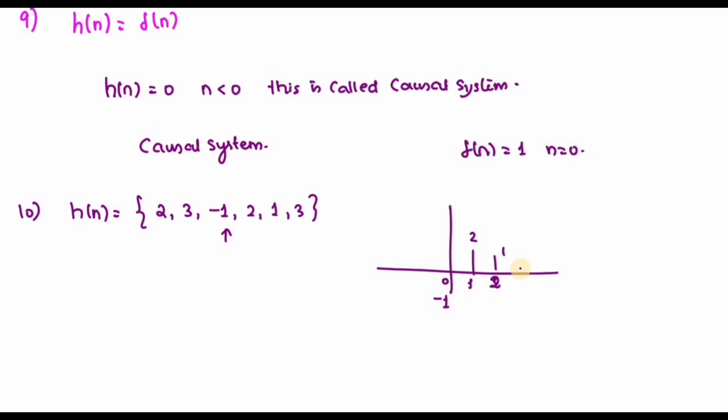For 3 it is 3. This is n, this is h of n. For minus 1, it is 3. For minus 2 it is 2. So here you can see for n less than or equal to 0, h of n is not equal to 0. So it is a non-causal system.